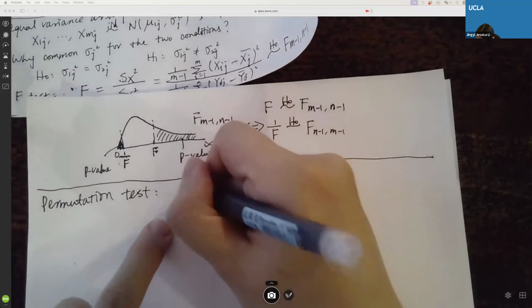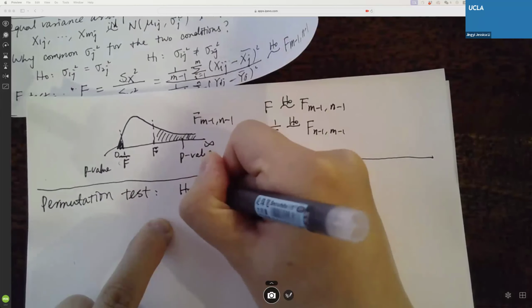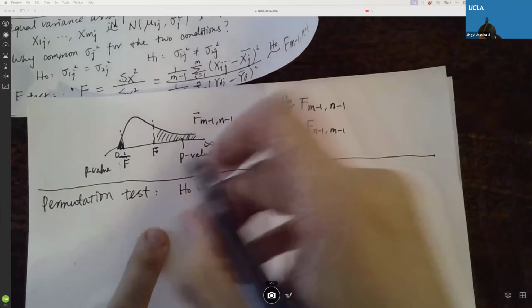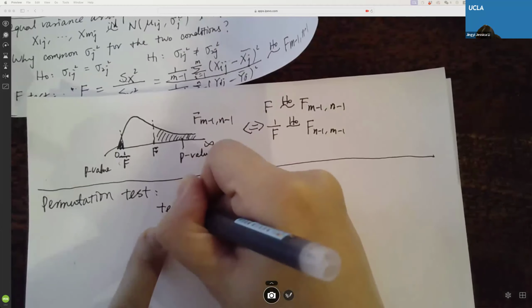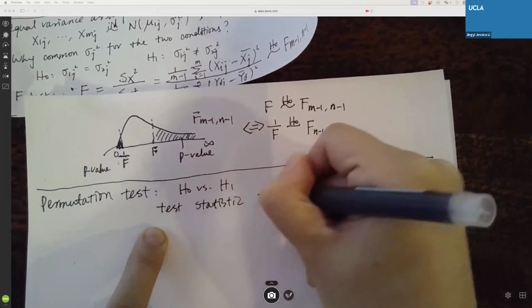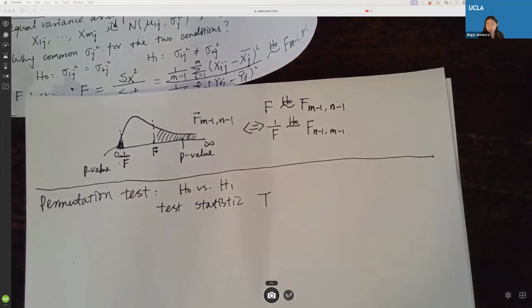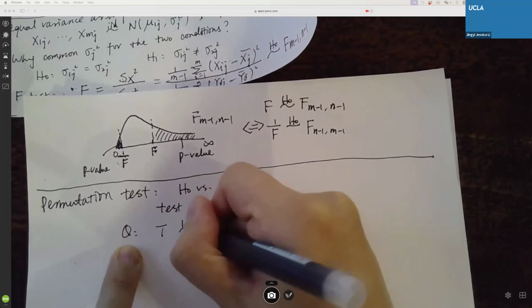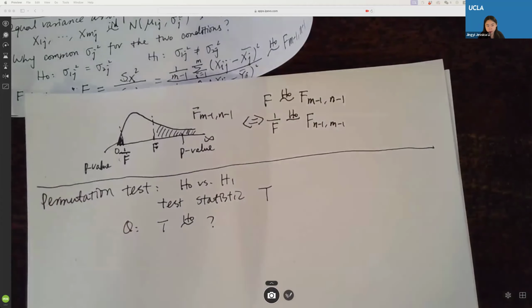Say that you have null and alternative setup, okay? And you have test statistic T setup. So this could be T statistic, it could be Wilcoxon test statistic, it could be F statistic. So many choices you have. But here the challenge is, how do I derive the null distribution of my test statistic?